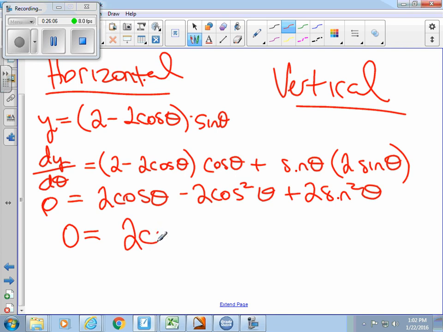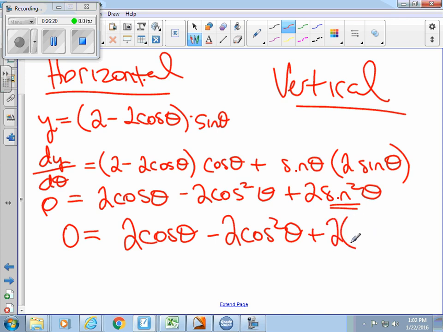But if I can, that better be a cosine. Would you agree with that? Because I can't solve it with more than one trig function involved. How could I change 2 sine squared into a cosine function? It's been a while.